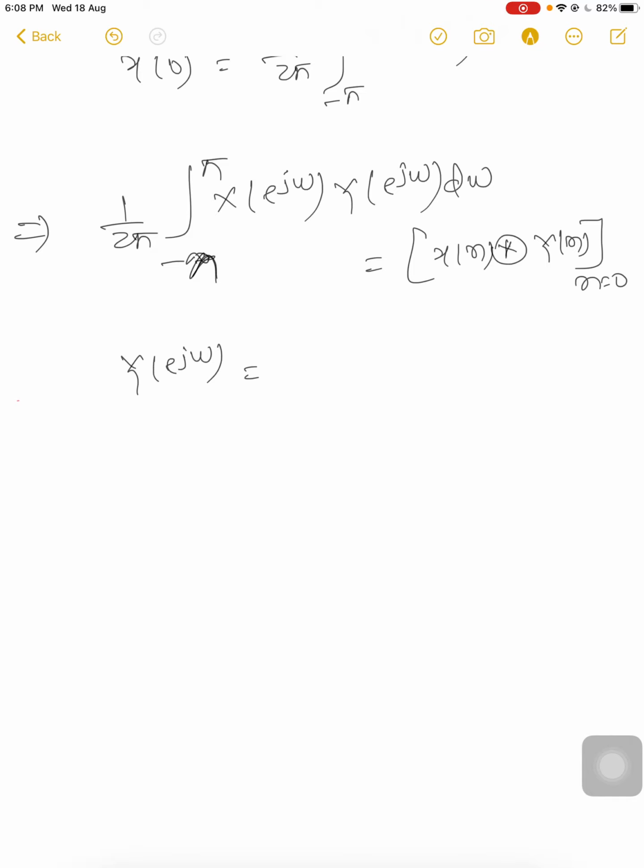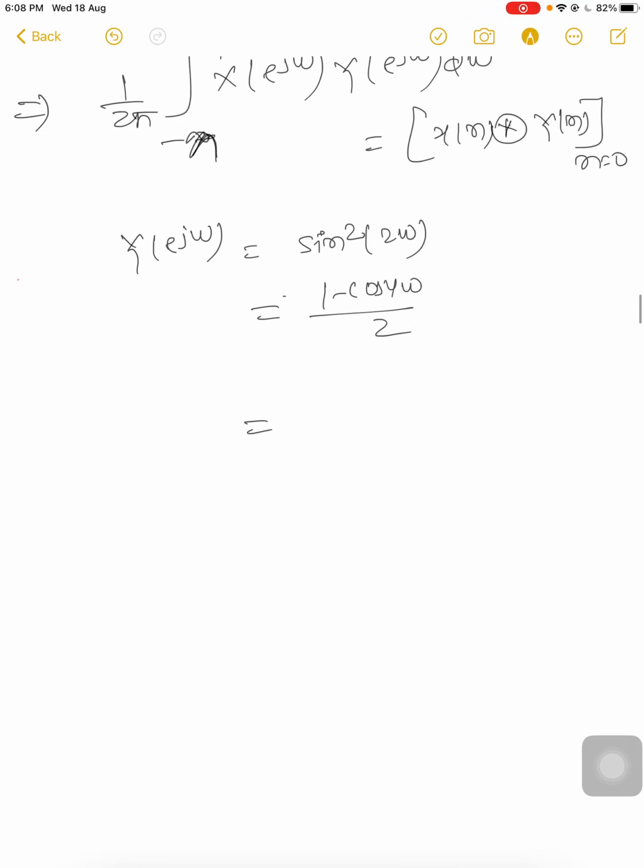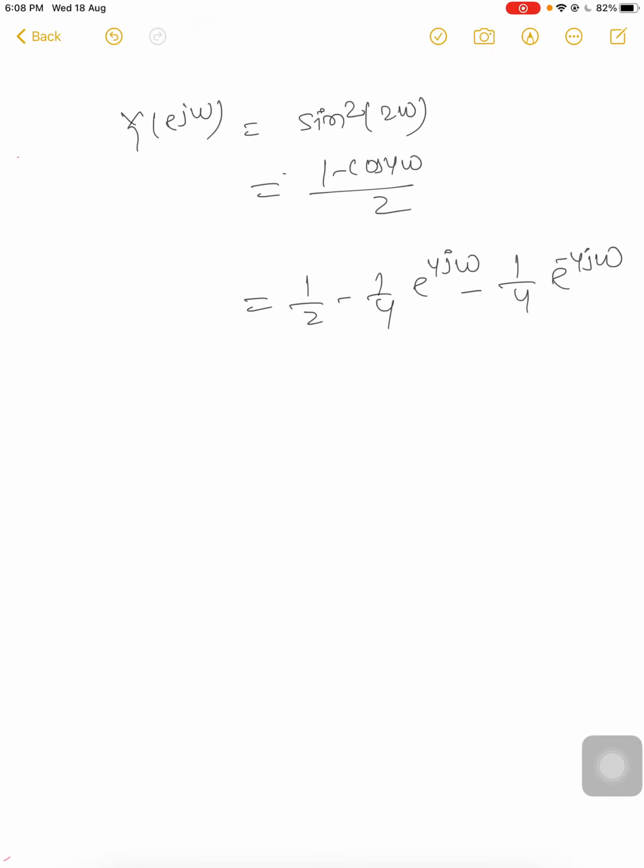So Y(e to the power j omega) is sin square 2 omega, and we can write it as sin square 2 omega is 1 minus cos 4 omega upon 2, and we can simplify it as 1 by 2 minus 1 by 4 e to the power 4j omega minus 1 by 4 e to the minus 4j omega.